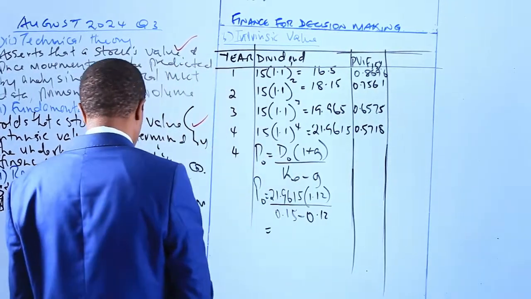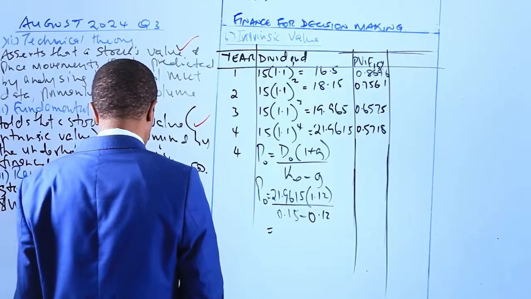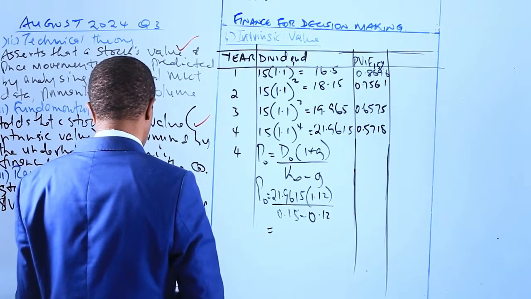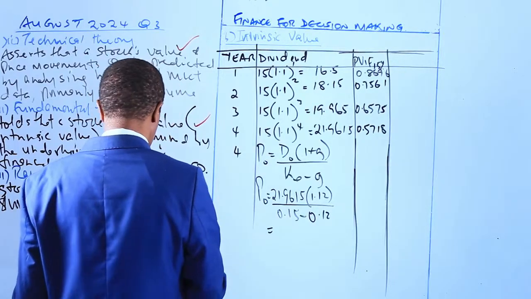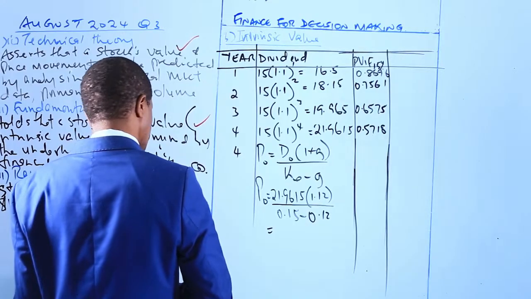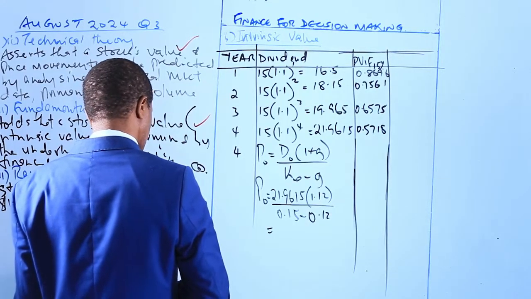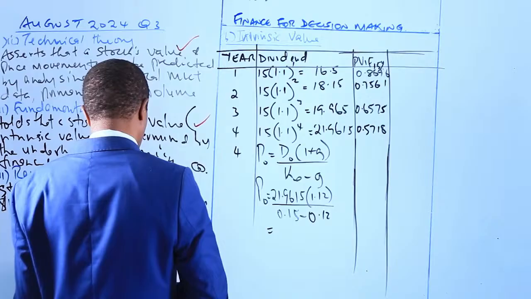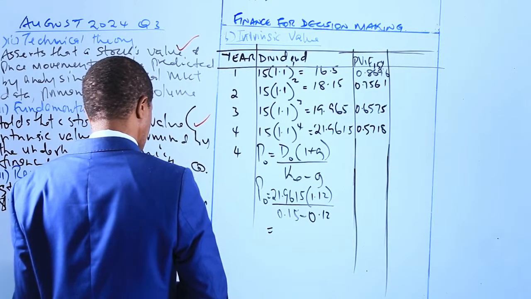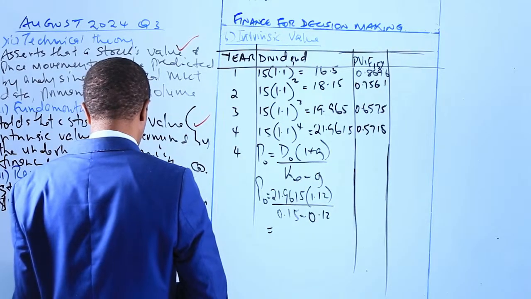So we go to the calculator and punch in these figures. 21.96 into 1.12, divide by 0.15 minus 0.12.